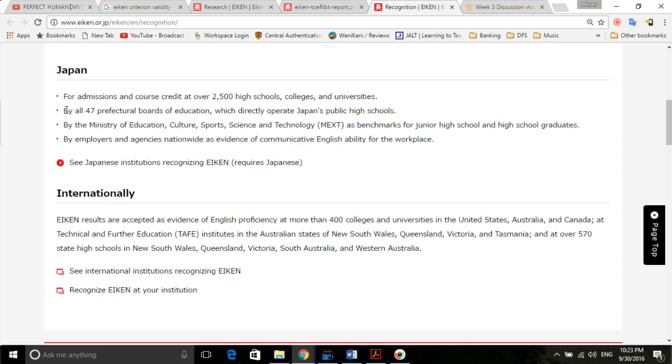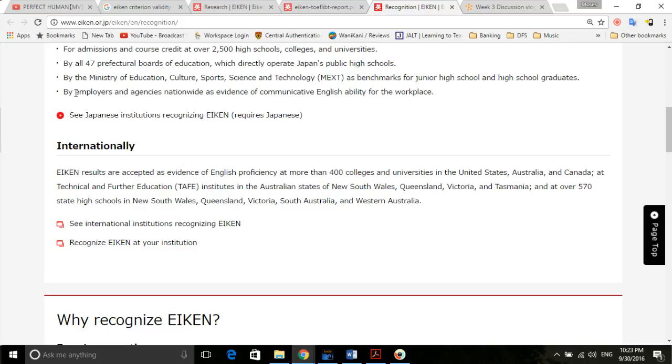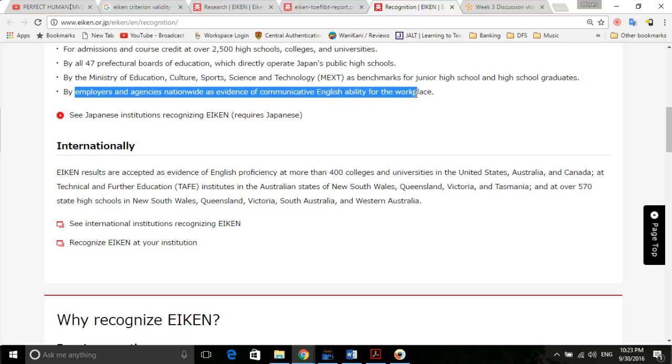They do it in all prefectures in Japan. And it's also used by employers and agencies nationwide as evidence of communicative English ability for the workplace.